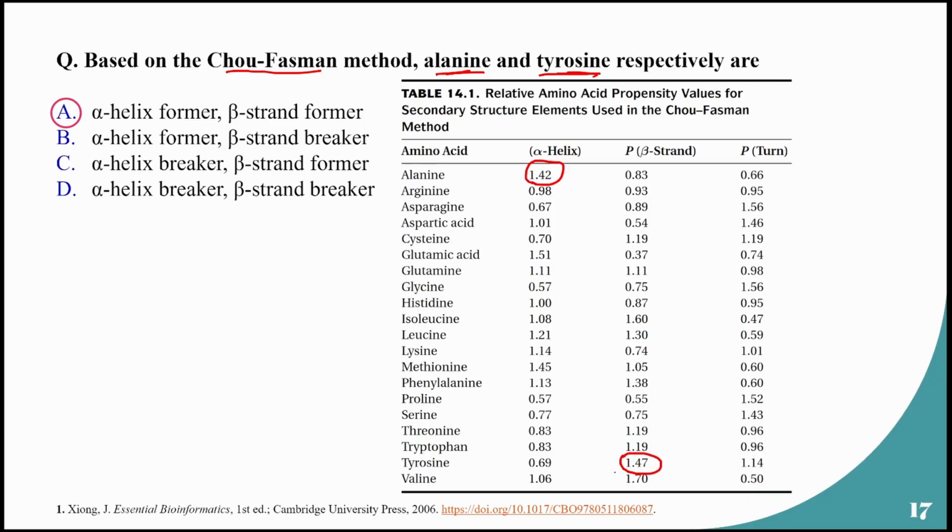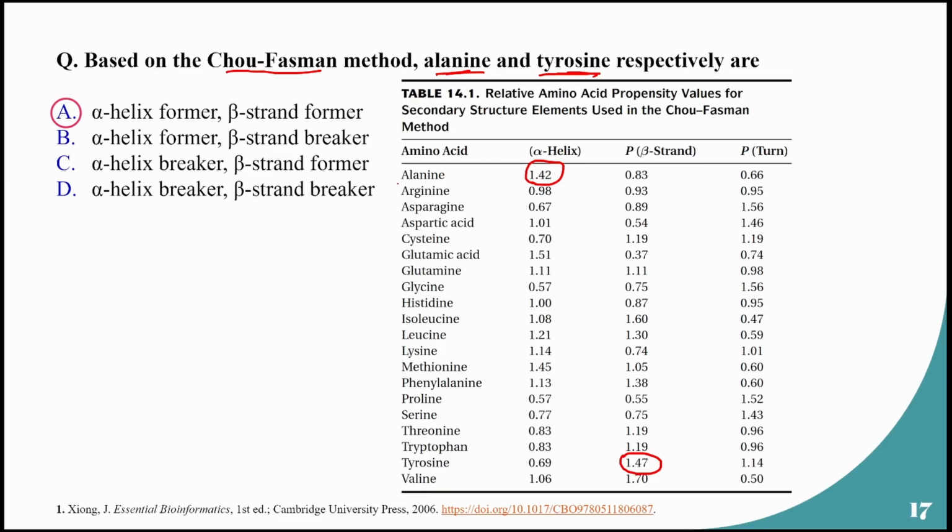If these values are greater than 1, based on the type of propensity calculation used here, that means that particular amino acid is present in very high amounts in that type of secondary structure. So greater than 1 means it is a former of that secondary structure, while if the Chou-Fasman value is less than 1 for a particular type of secondary structure, then it would be a breaker of it.